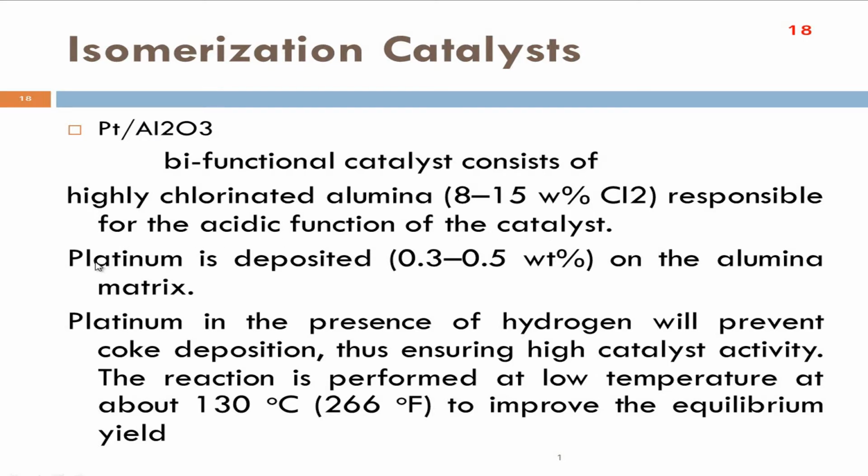However, we also disperse platinum or palladium in a very small amount on the matrix of the alumina, and when hydrogen is present, it can prevent the coke deposit on the active site of the catalyst.